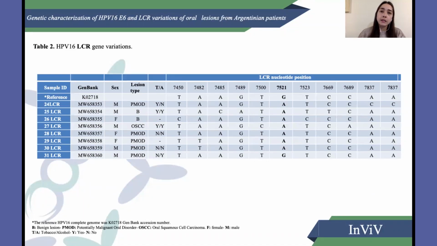So the changes in this site could result in high levels of HPV oncogenes. Remember that LCR is a non-coding region, so here we did not see amino acid changes. Here we did not find significance between mutations and patient sex, lesion types, and tobacco and alcohol habits.